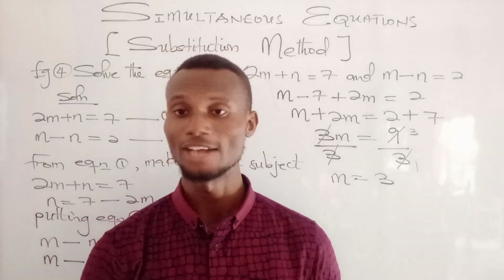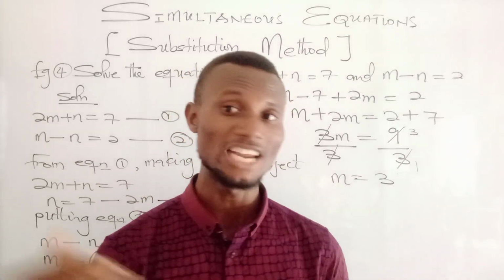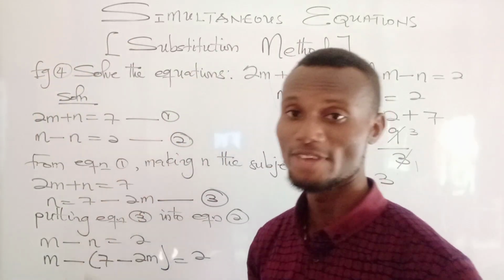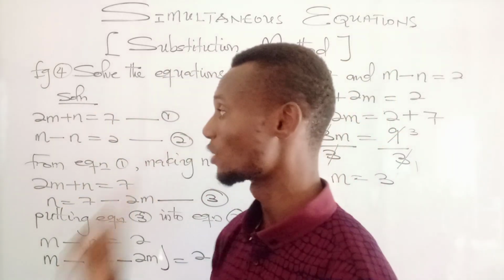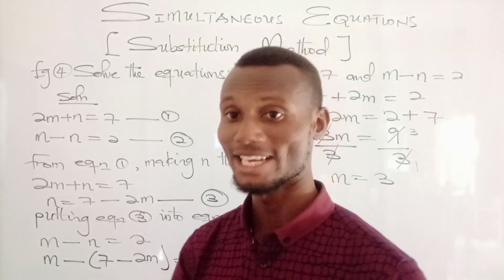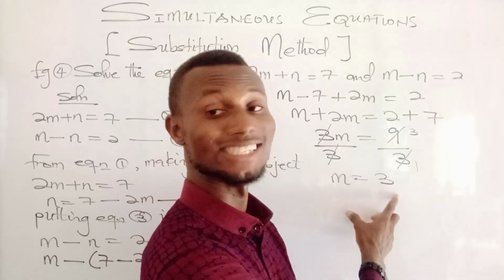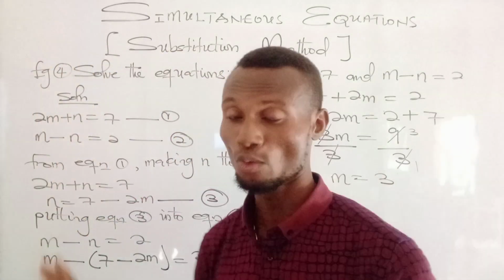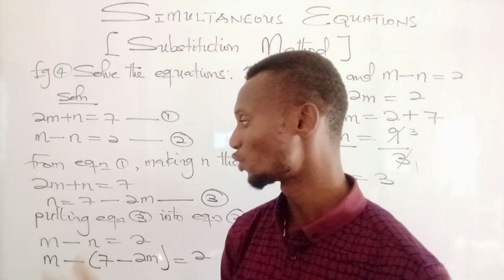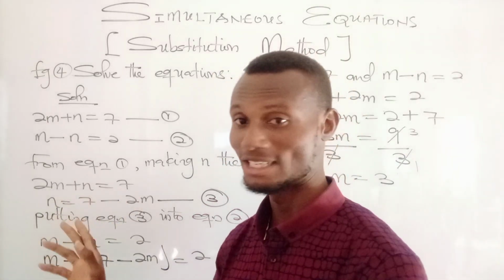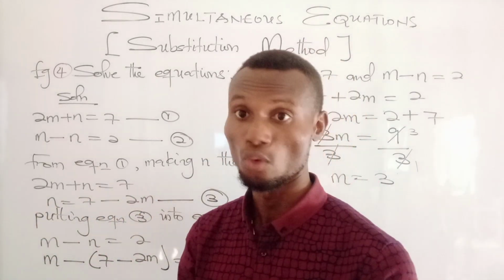Now you can choose to put the value of m, which equals 3, into any of the 3 equations that we have here, and solve for n. Either equation 1, 2, or 3, any of them, you get the value for n. I will choose to use equation 3 because in equation 3 we have n being made the subject already, so it will be much simpler.